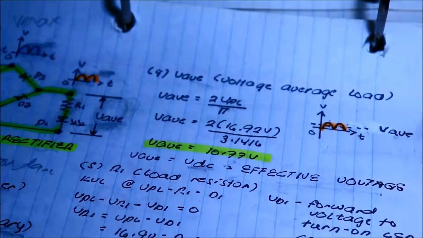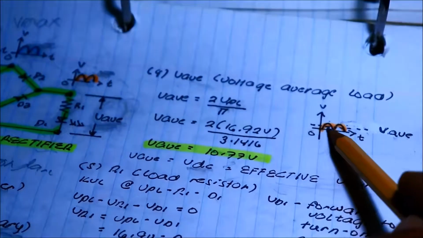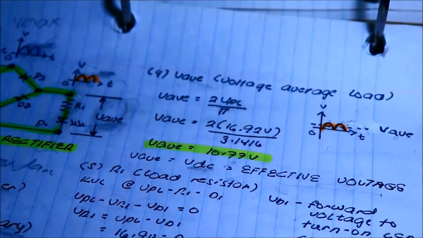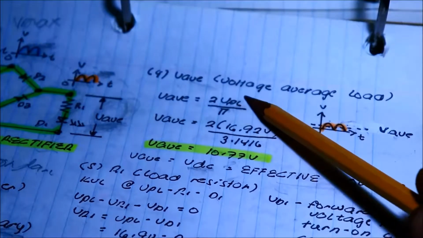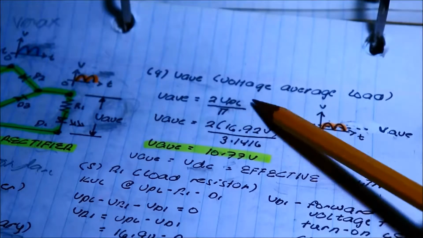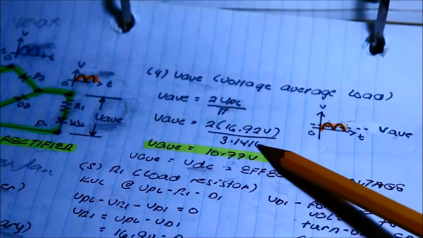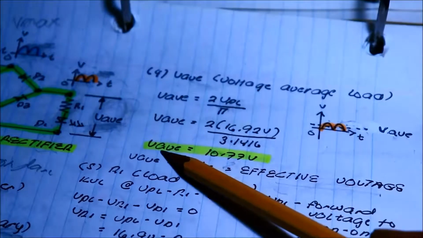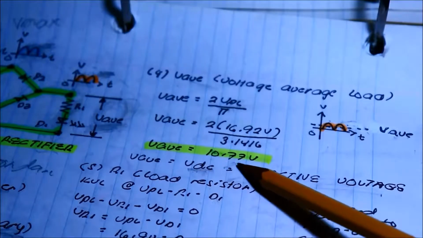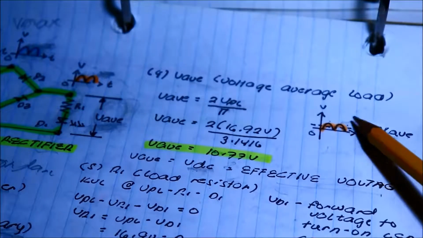Remember, voltage peak is here, and voltage average somewhere here. VPL, we already computed that, 16.92 volts. Pi is equal to 3.1416. Voltage average is 10.77 volts, located almost near the top.